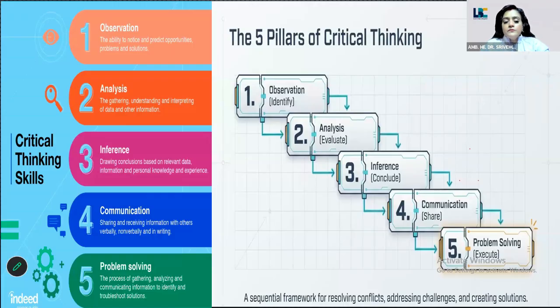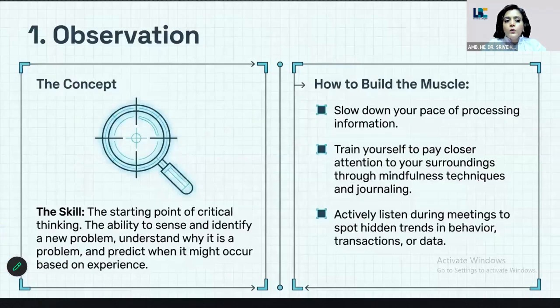And problem solving: if the child is not able to analyze and communicate the information to identify and troubleshoot solutions, then you should work on that. These are the pillars of critical thinking, and they are also the skills that the learner should have. If you feel the child is lagging in this area, then we should work on that.